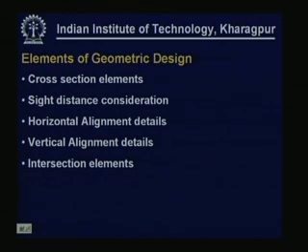So, proper design of horizontal alignment is necessary. Similarly, vertical alignment details and intersection elements. So, we will discuss different geometric components, different elements for cross section, sight distance, horizontal alignment, vertical alignment and also intersection elements.